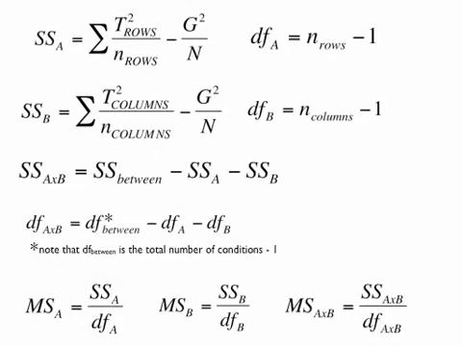Alright, so we've already gone through the sum of squares for A, that's the one at the top. It's the T squared for the rows divided by the n for the rows minus G squared over n. We've already been through the sum of squares equation for sum of squares B, that's the T squared for the columns divided by n for the columns minus G squared over n. And the degrees of freedom are very simple. Degrees of freedom for the variable across the rows is the number of rows minus 1.